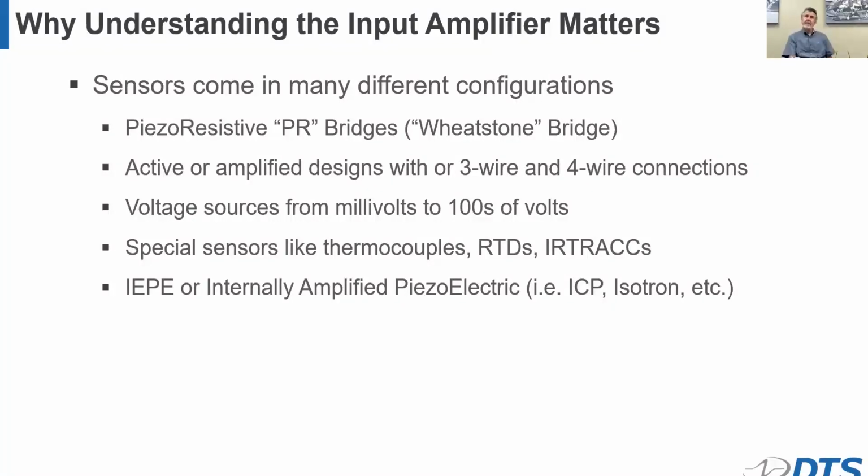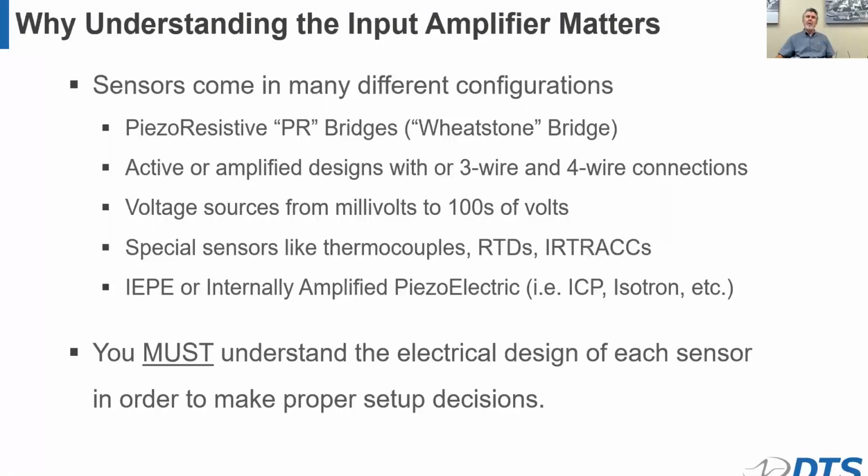And then we have special sensors like thermocouples, RTDs, IR tracks if you're using crash test dummies. And then, of course, there's some other sensors like IEPE that we support as well. So in order to understand how to make proper setup decisions, you simply must understand the electrical design of the sensor and how it relates to the architecture of the data recorder.